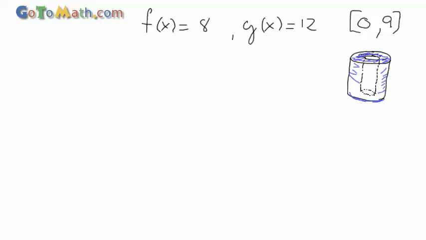We're just calculating all the blue area. What we're going to end up doing is finding the volume of the entire cylinder, and we're going to subtract off the inside piece, okay?